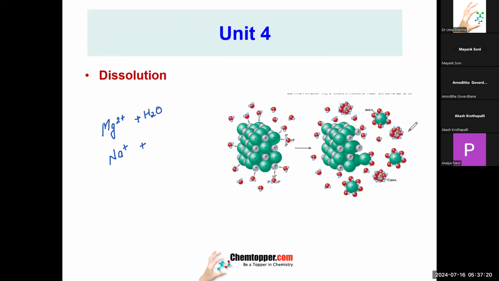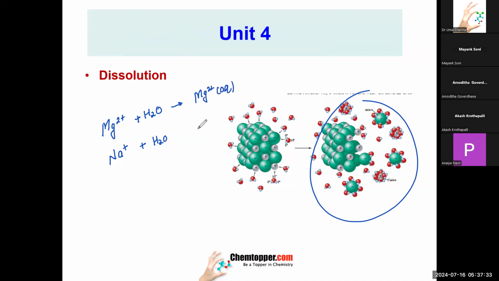After adding water, they will hydrate like this. Which one is more heavily hydrated? Mg2 plus, very good. That will be more heavily hydrated. After hydration, which one will become smaller in size, which one bigger? Heavily hydrated means many water molecules around it. So who will become bigger in size now?